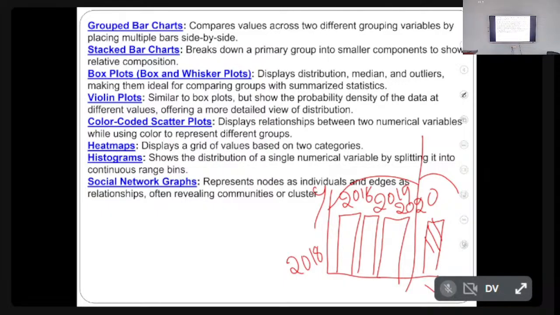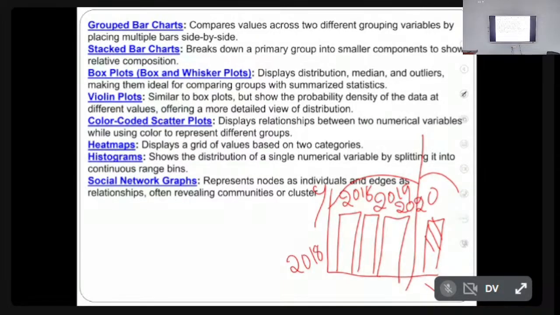The third one is a box plot. So what do you mean by box plot? They are also called box or whisker plots, W-H-I-S-K-E-R. So what do you do here? You find the median.